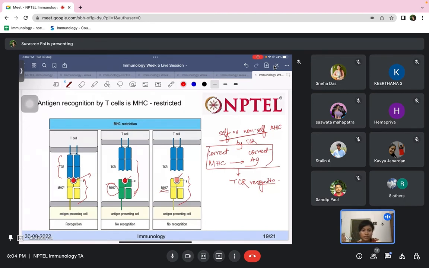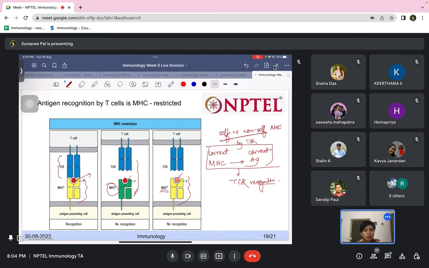If these MHC molecules are different from my self MHC molecules, then my T cells will recognize them as non-self and generate an immune response against them, which is why the grafts, the transplants, are often rejected.